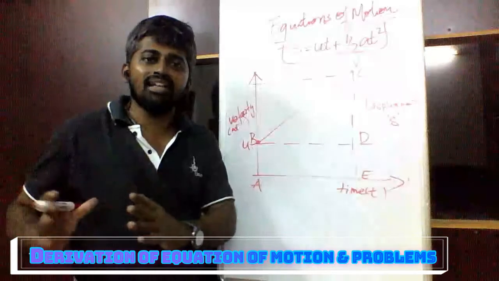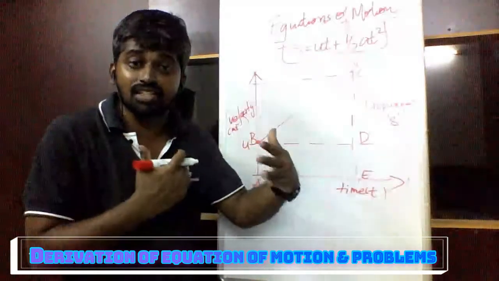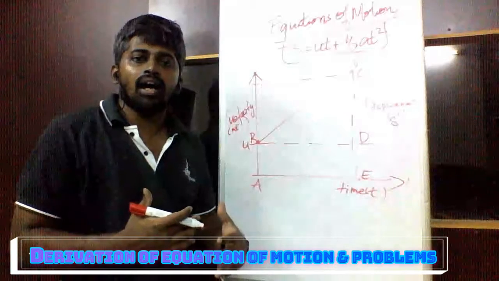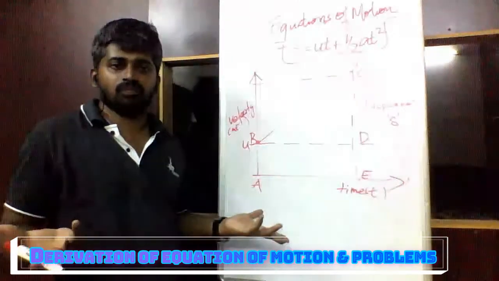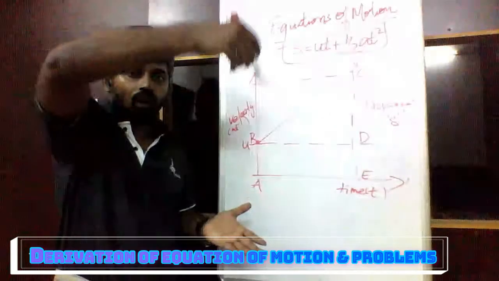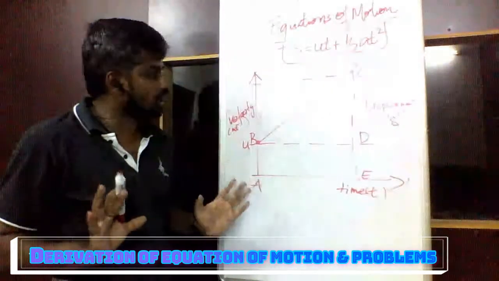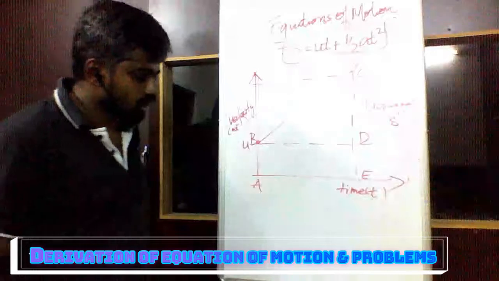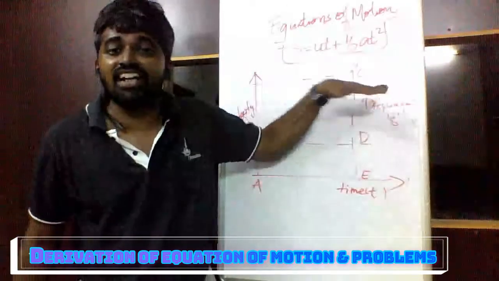Distance means simply the scalar value, the total distance covered. It can be only a positive value, but displacement can be zero. A person can go around and come to the same point. Displacement is zero, but distance is calculated. So, in the velocity time graph, we can find displacement.